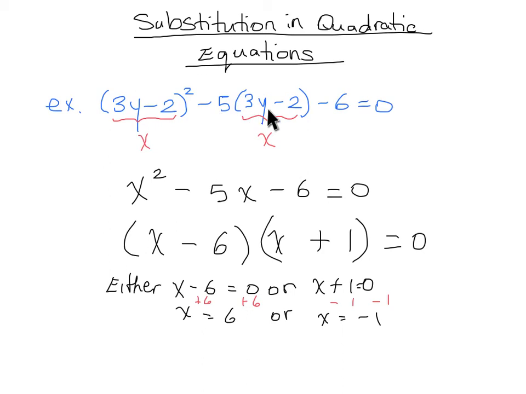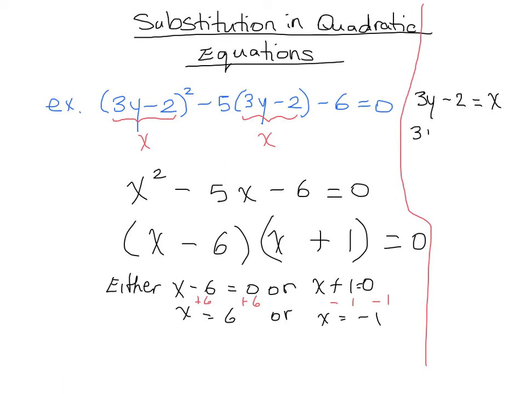But the equation originally wanted us to find y. There was no x. We created that. So in order to finish this question, we have to figure out what y is. Since we know that 3y minus 2 is x, and we now know that x is either 6 or negative 1, we can solve.